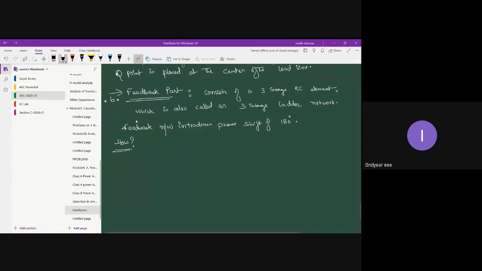Now, to understand the phase shift concept, let us consider a single stage of the ladder network.